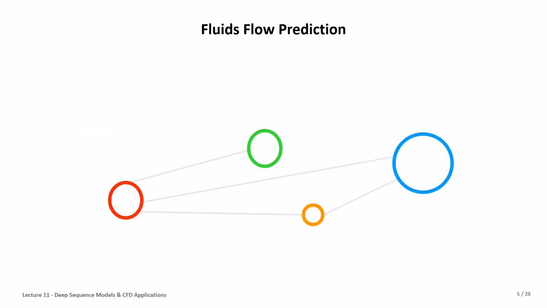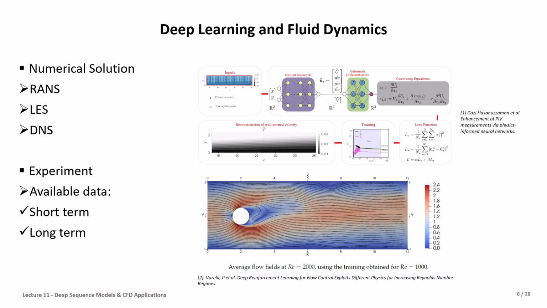Fluid flow prediction, deep learning and fluid dynamics. We mentioned that in the fluid dynamics area, there are approaches that could be used to deal with this problem. One of them is experiment, and the other one is the analytical approach, which is only available for limited problems.